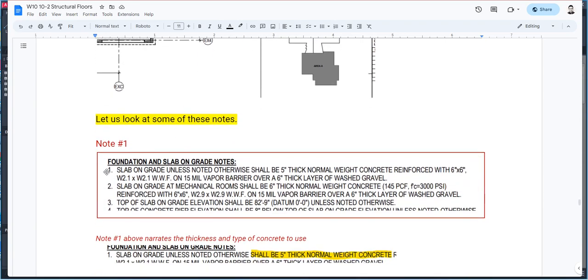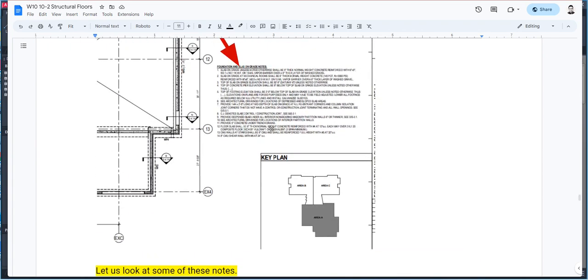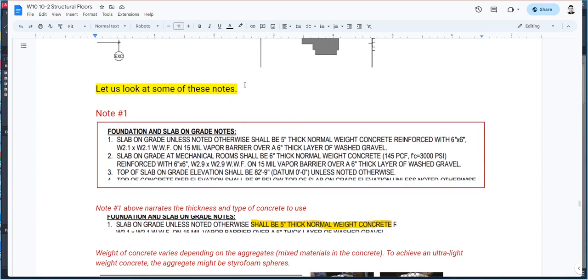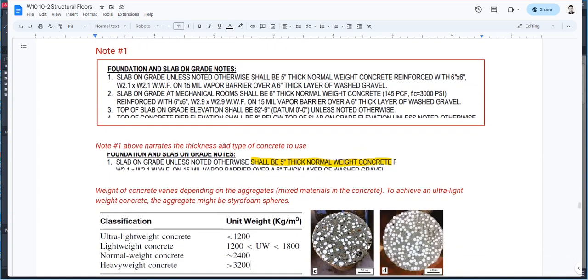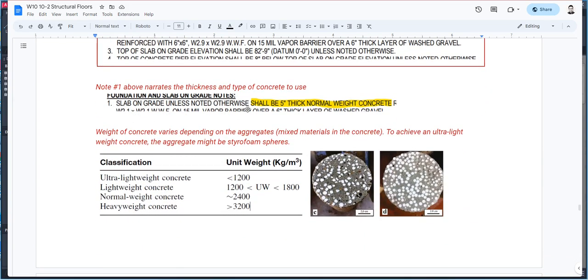I have here three notes from the slab on grade notes, and these are going to be relevant to our project. So, note number one says that the thickness of the slab will be 5 inches, and that it's normal weight concrete.